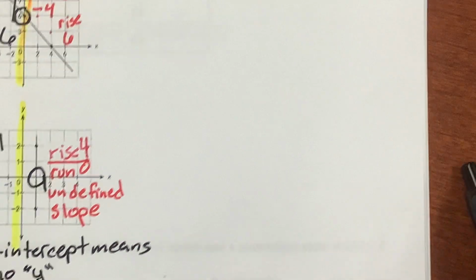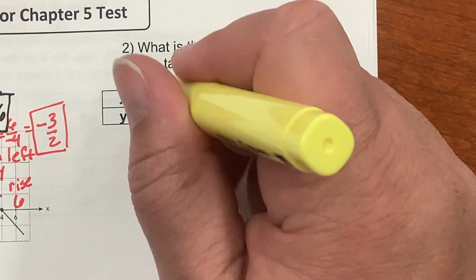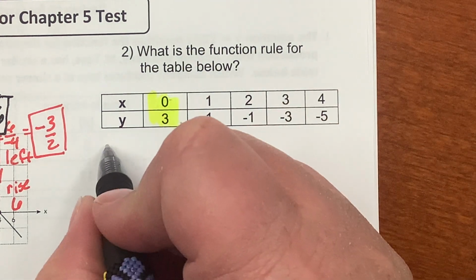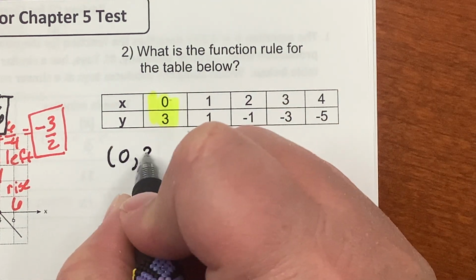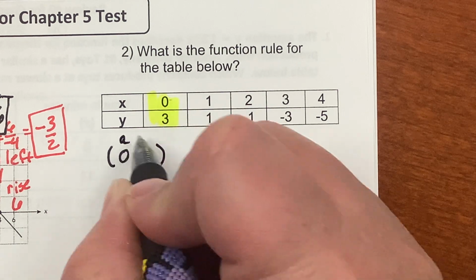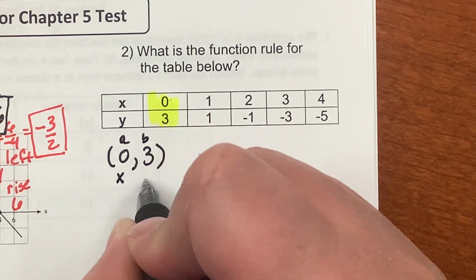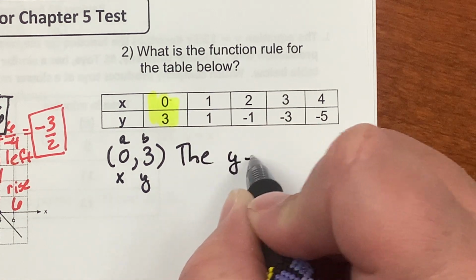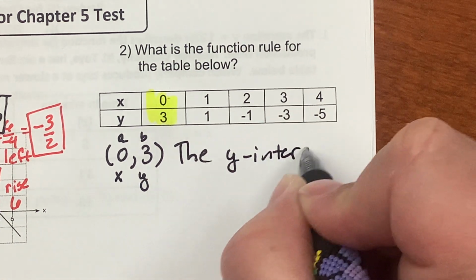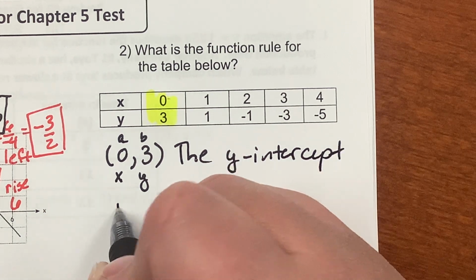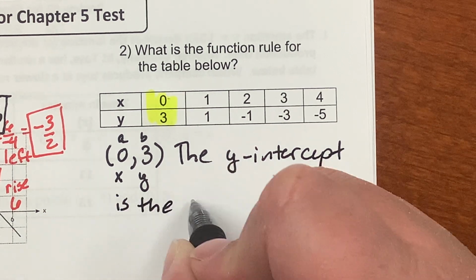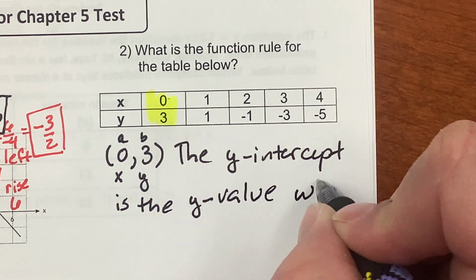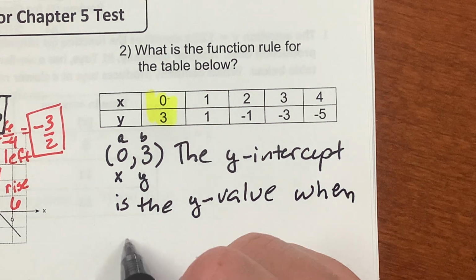All right, the next one, look at this. I'm going to write another note down. This is 0, 3, A, B, X, Y. The y-intercept is the y value when x equals 0.